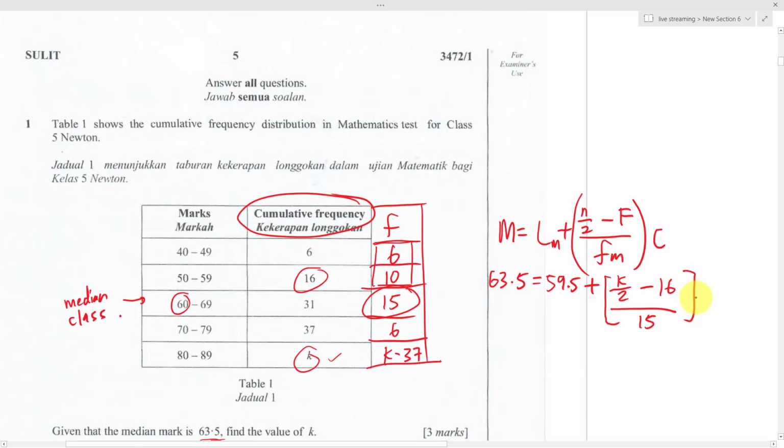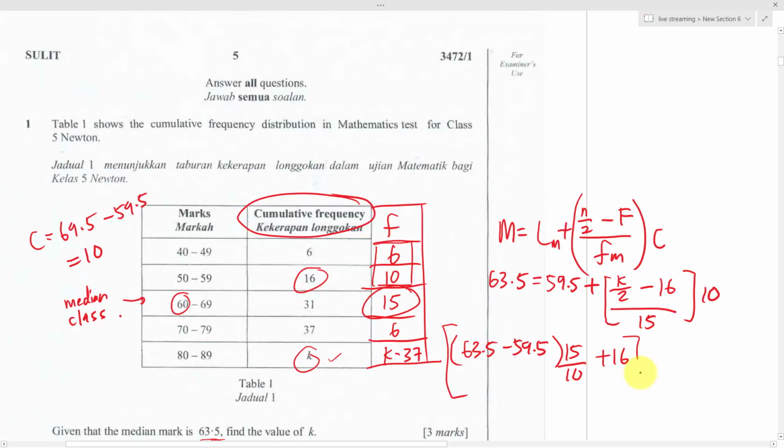Class size is the upper bound minus the lower bound, which is 69.5 minus 59.5, which is 10. So class size is just 10, and then you just solve this equation. 63.5 minus 59.5 is 4, and then I multiply by 15 divided by 10, then plus 16 and multiply by 2.